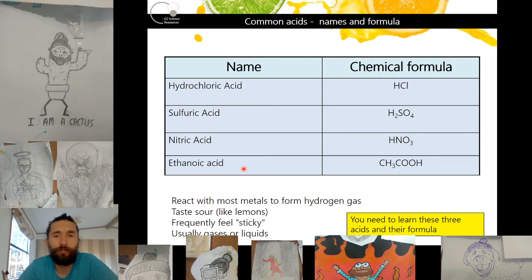Here are a few acids that we use in the lab. First one up the top, hydrochloric acid, HCl. This is the formula here. If you remember, H is hydrogen, Cl is chlorine, so it's one hydrogen atom and one chlorine atom.